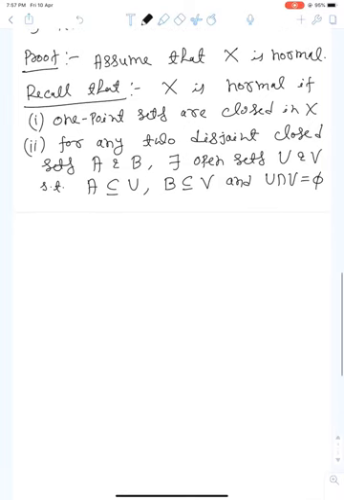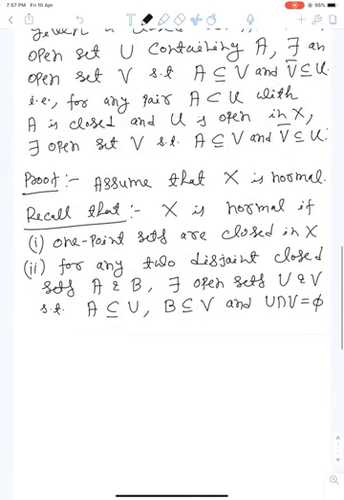That means if you have disjoint closed sets, then they are separated by open neighborhoods. Okay, this is the definition of normal. Now we assume that X is normal, that is X satisfies these properties. Now we will prove that X will satisfy the given property.